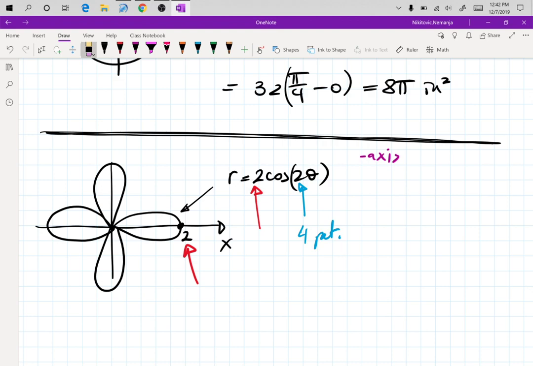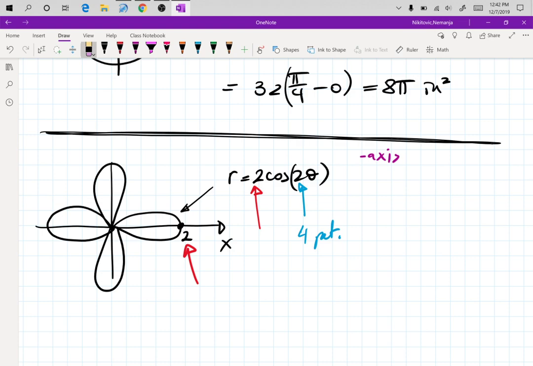So from here, 2 theta is equal to pi over 3, because cosine of pi over 3 is 1/2.